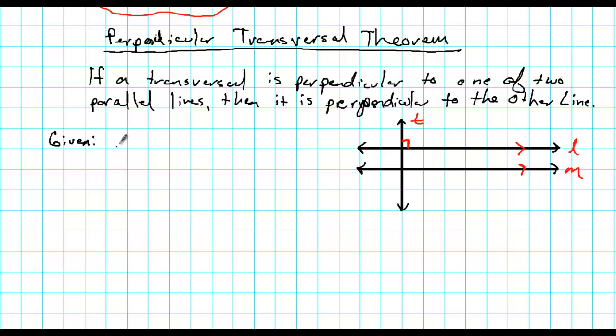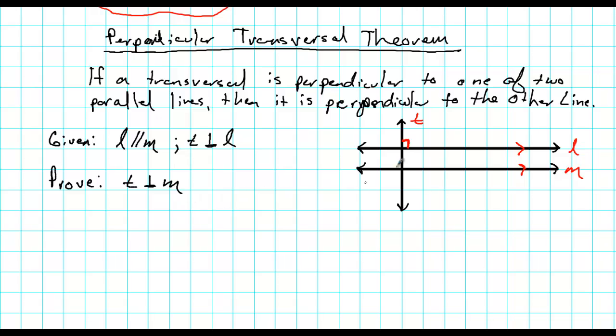So that means it's given to us that L is parallel to M and T is perpendicular to L. Then we're going to prove, then it is perpendicular, so T is perpendicular to the other line.